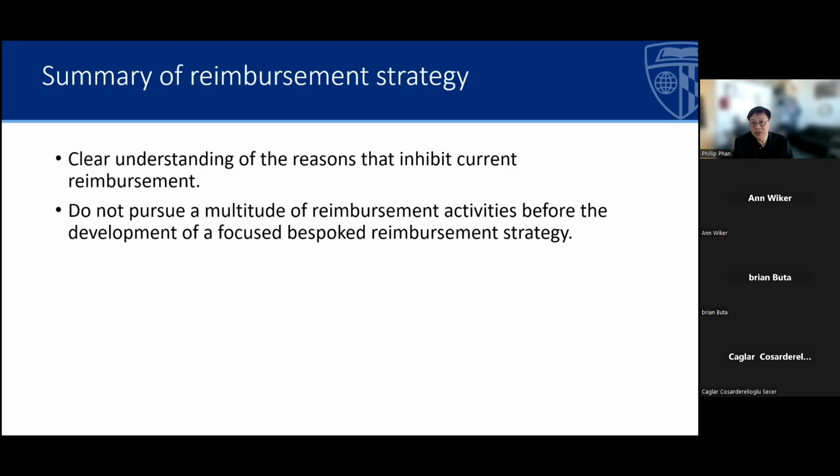So you want to be very focused. Develop what I call a bespoke or custom reimbursement strategy for the target market segment that's going to represent your primary or core audience. I think that's really important. If you can do that, then I think you are in good standing going forward.